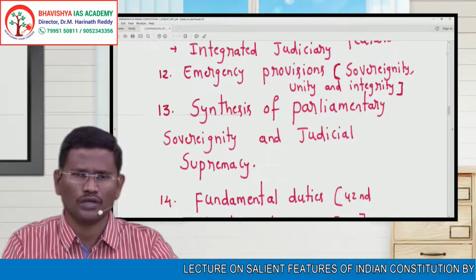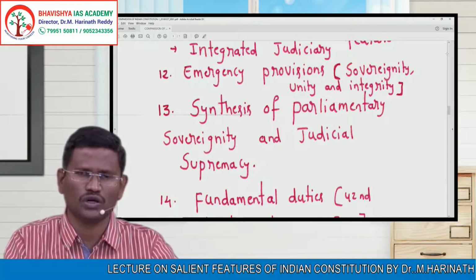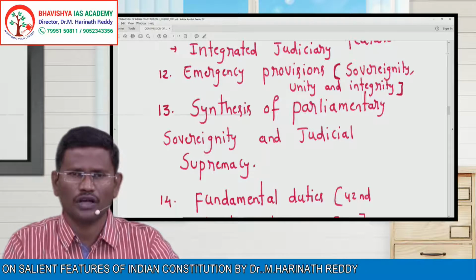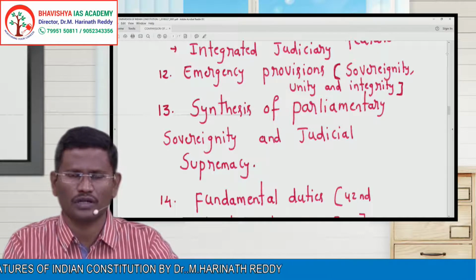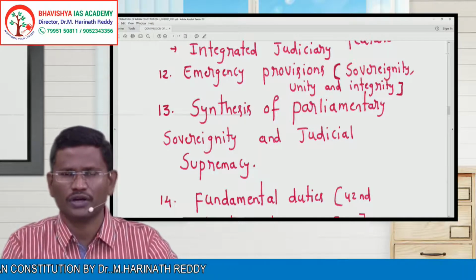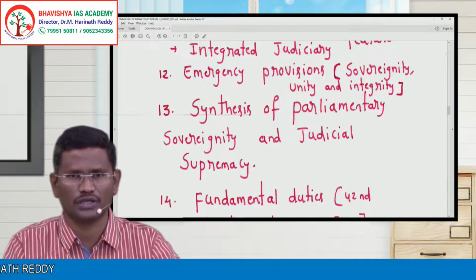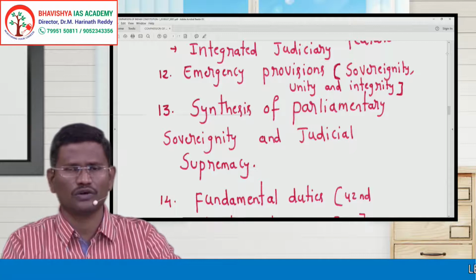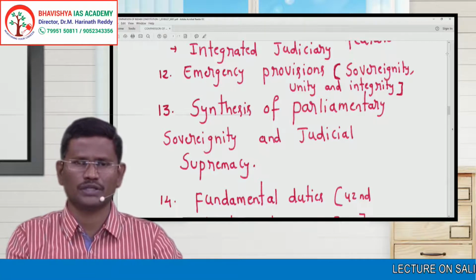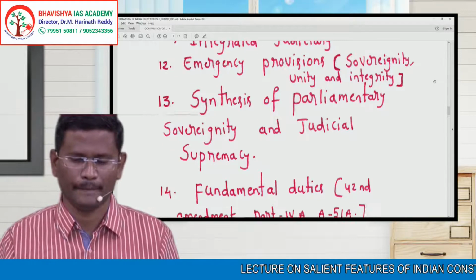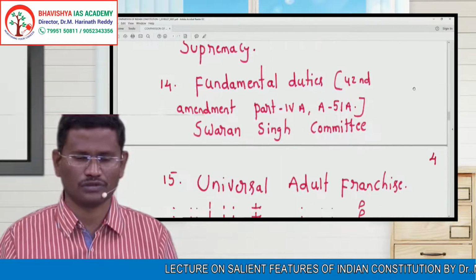Though the Constitution of India is silent on which is supreme, either Parliament or the Supreme Court, the way the Constitution has worked out and because of the interpretations of the Indian Supreme Court, today in India we have judicial supremacy. Among all the three branches of the government, the judiciary is supreme. That's one more salient feature of the Indian Constitution.